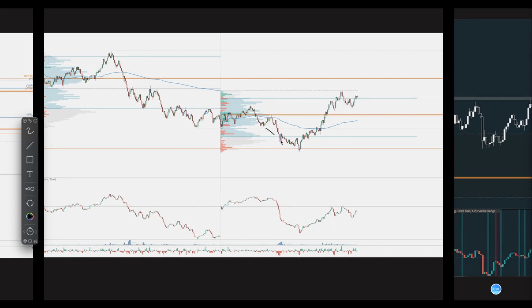Massive selling into this orange line. This is the naked volume point of control that gets hit. All these sellers are pretty much trapped, and they soon will be really in trouble, especially once market reclaims the VWAP.